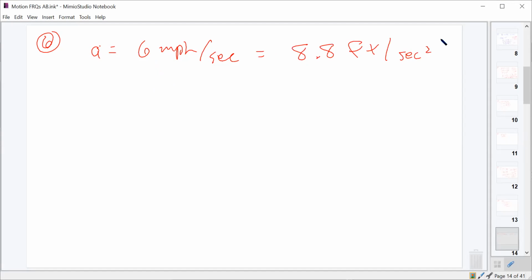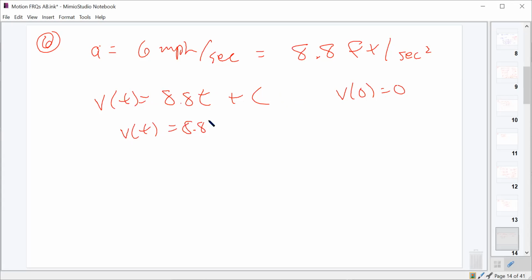And then from there, we'll need to figure out what the velocity constant is. So we've got v of t should be 8.8t plus some constant. And since we know that it started at v of 0, velocity of 0, this constant is going to be 0, right? If v of 0 is 0, then v of t is 8.8t. And then we need to find the position.